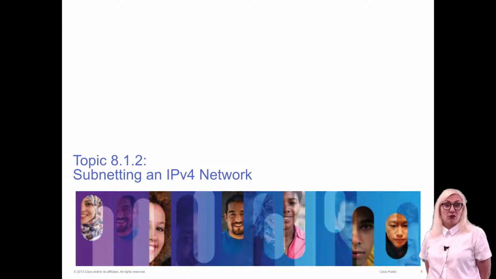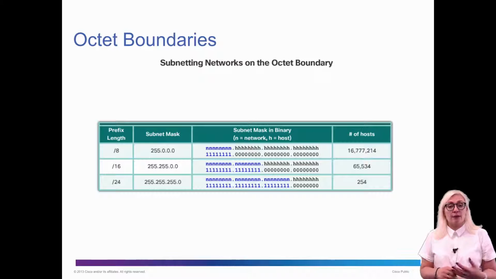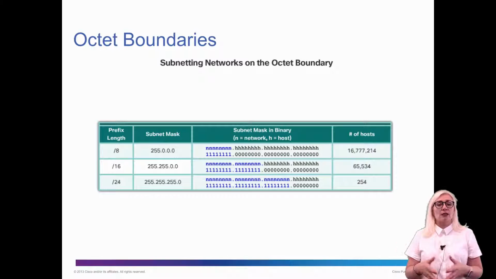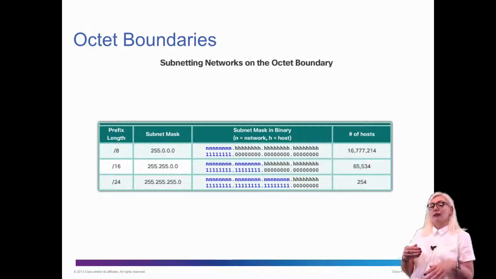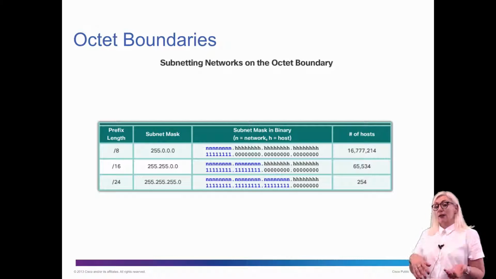Part 1 of how to subnet an IP version 4 network. The easiest way of doing it is to keep the octet boundaries. This is also when we calculate, as we have seen before, the network address and the broadcast address when we have an IP address and a subnet mask.